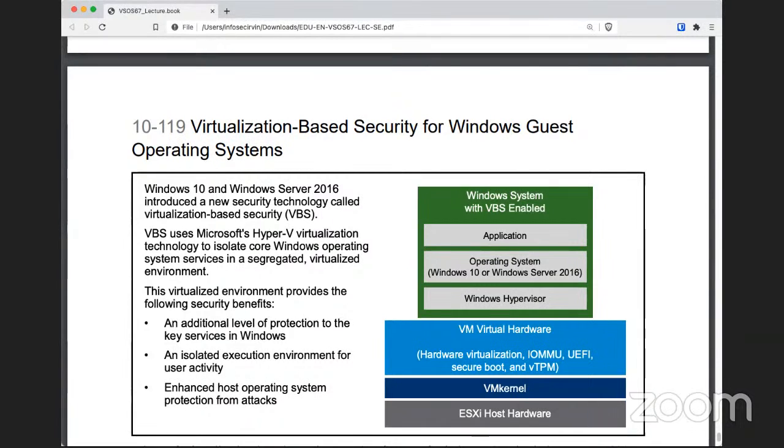Windows 10, Server 2016, and 2019 have virtualization-based security. It works in Hyper-V. It also can work in VMware to, again, ensure security to the VM.